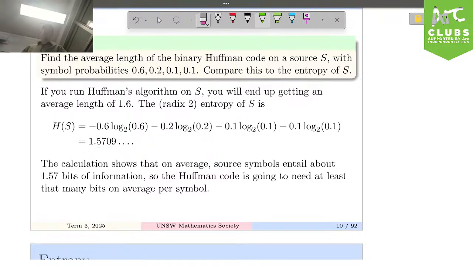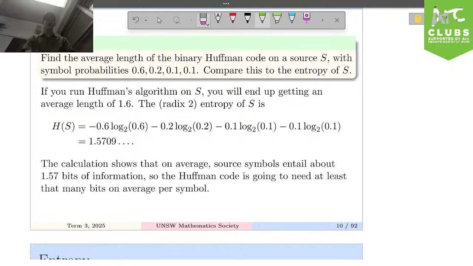And if you were to apply the Huffman algorithm for this specific set of source symbols, you would find that the average length of that Huffman code would be 1.6. So comparing that tells us that the entropy is, in this case, less than the average code word length. And we will talk about this formally, about how the entropy forms a lower bound of what our average code word length can be.